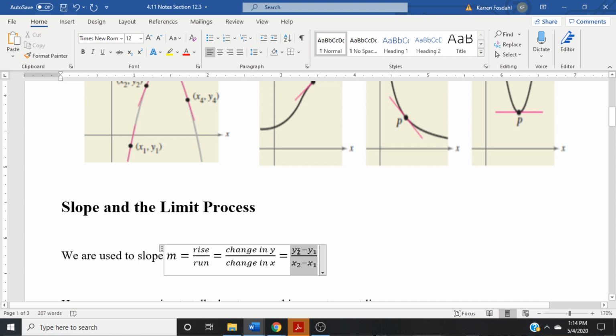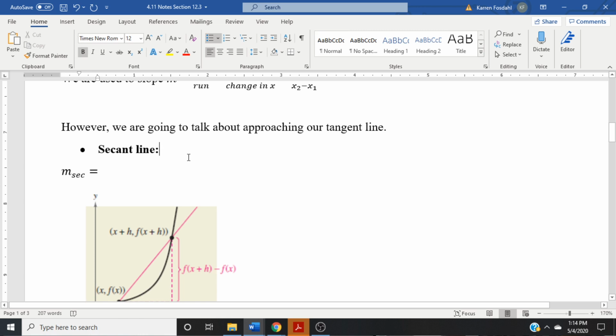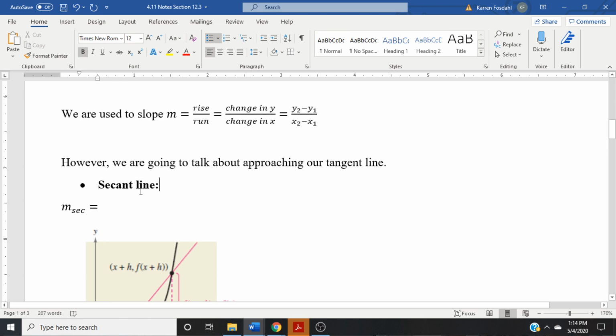Now, this is actually pretty accurate, but it's going to change, okay? So first thing we need to know before we go is we're going to talk about a secant line.